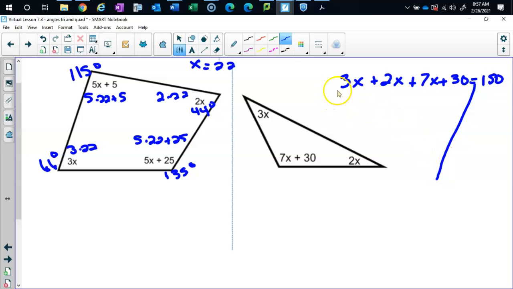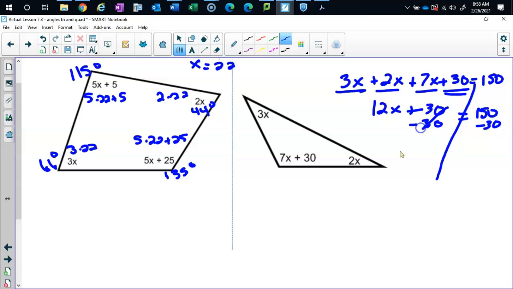All right, left side, combine like terms. 3x plus 2x plus 7x is 12x. We don't have anything to add to 30, so we just bring that down. Plus 30 equals 180. Subtract 30 on both sides. 12x equals 150. Divide both sides by 12. And we get x is 12.5.